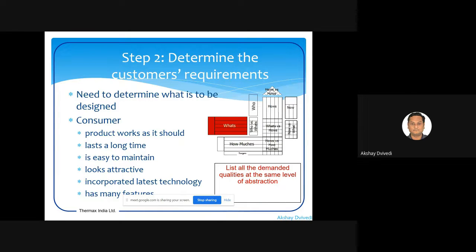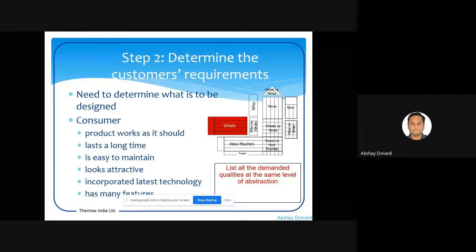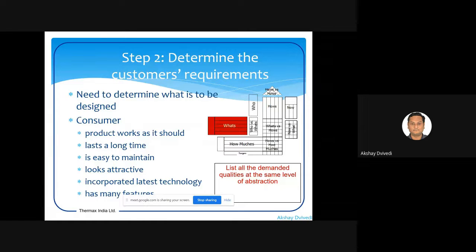If you want more details about this specific topic, I will request you to note down a name: the gentleman who has done extensive work in this field is Glenn Mazur, G-L-E-N M-A-Z-U-R. Just do a small Google search about Glenn Mazur. You will find that this gentleman has worked on development of products, software, processes, multiple things. And it is wonderful work.